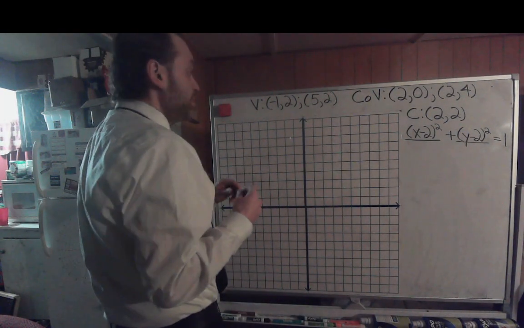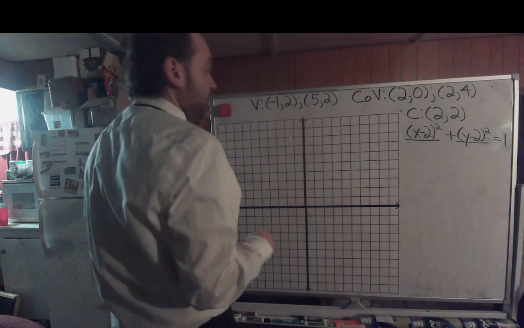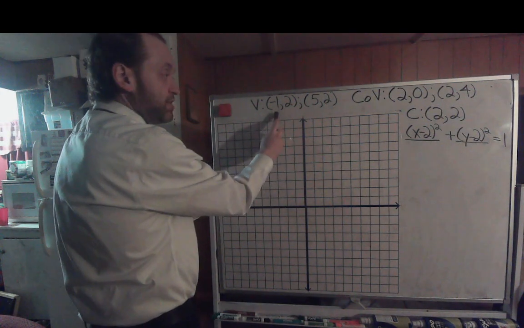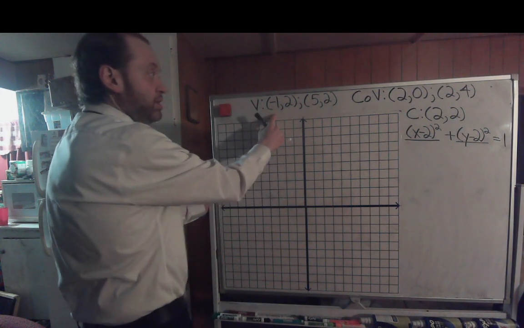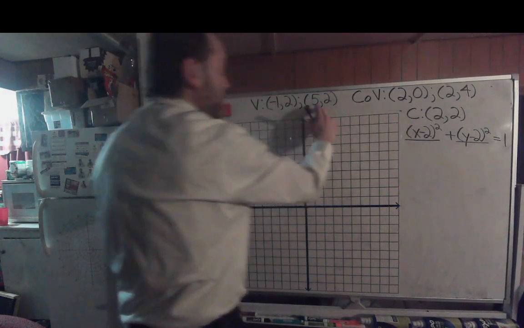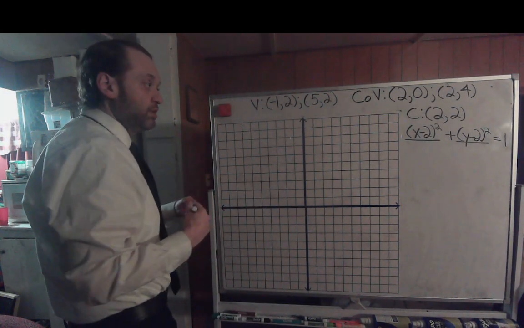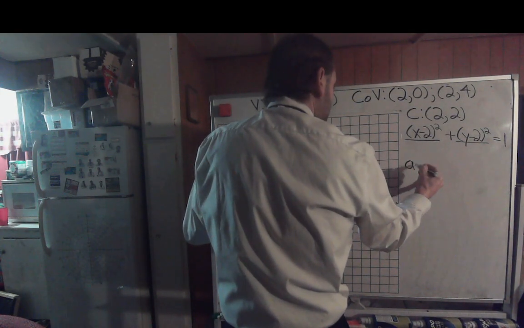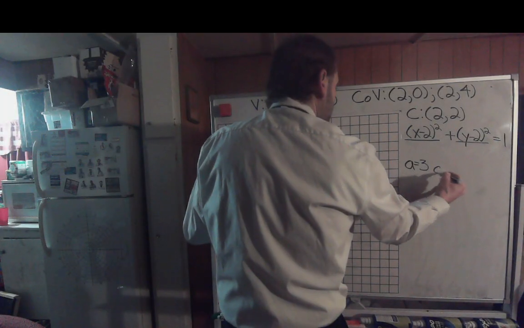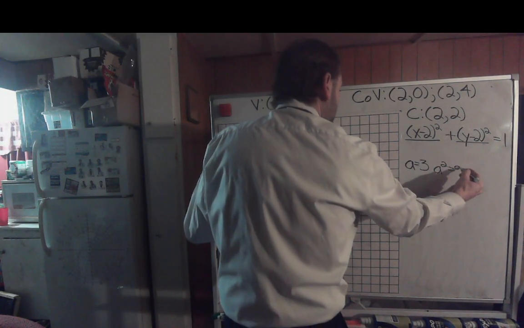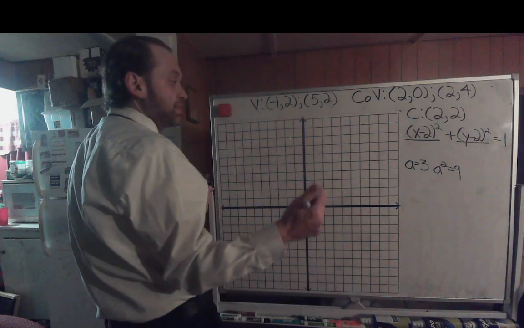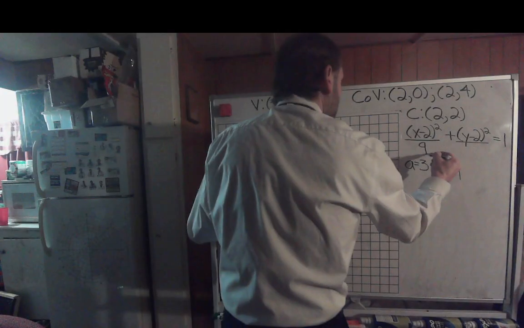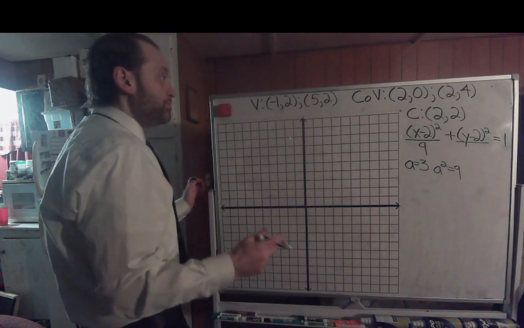So my major axis, notice from (2, 2) to (-1, 2), that's a change of 3 units. And then from (2, 2) to (5, 2), that's another change of 3 units. So that would have to mean that my a equals 3, so a squared would have to equal 9, right? And if my x-axis is my major axis, my 9 would go below my x minus 2.